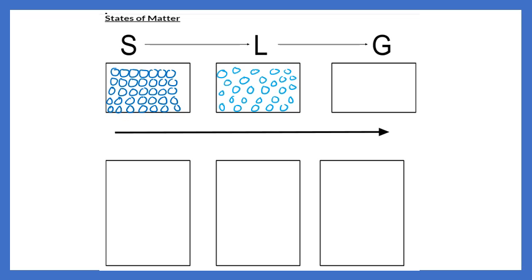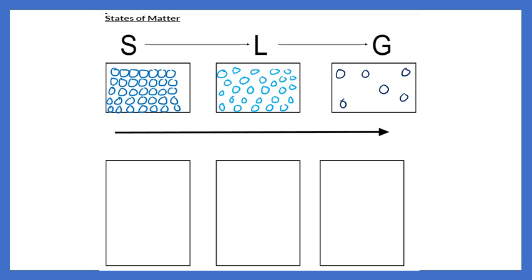And then gases, they just don't even stay near one another. They're just random. We can even get rid of a few of those because honestly, they just kind of float into space and do whatever they want, but they are not attracted to each other. So this is your solid, this is your liquid, and this is your gas.